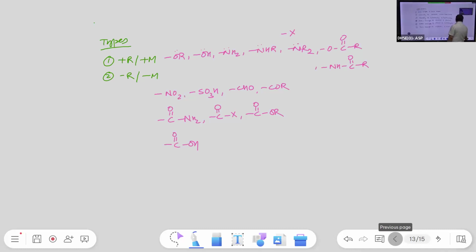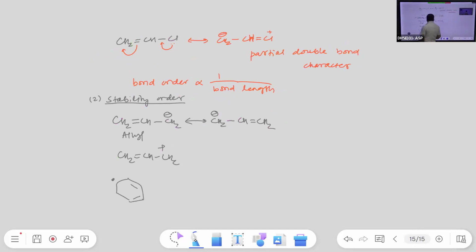Okay, noted. Now, the resonant structures.